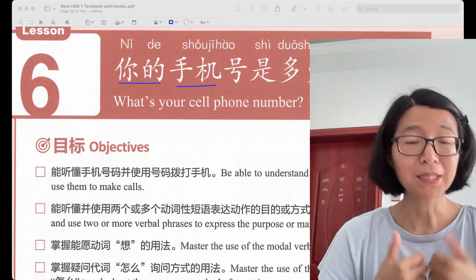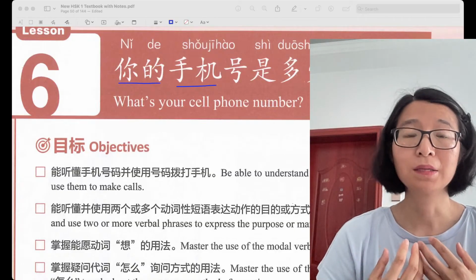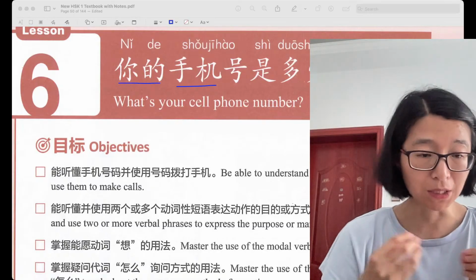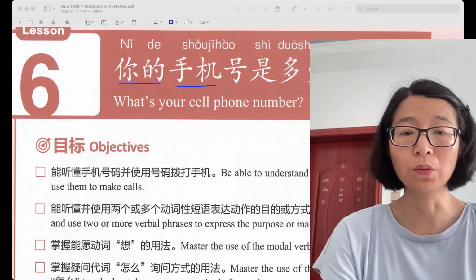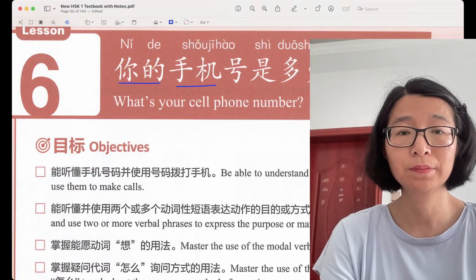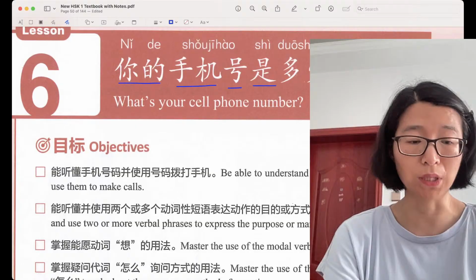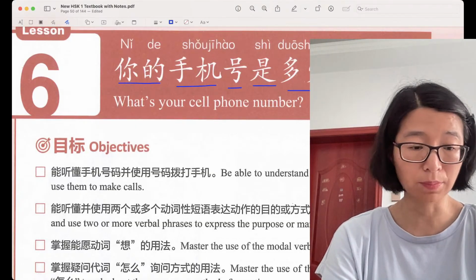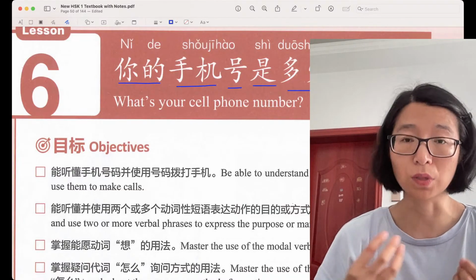Okay, 很好. 你的手机号. 号 means number. 手机号, cell phone number. 你的手机号是多少. 是 means is. 多少, you know, when you want to ask price you say 多少钱, how much money.